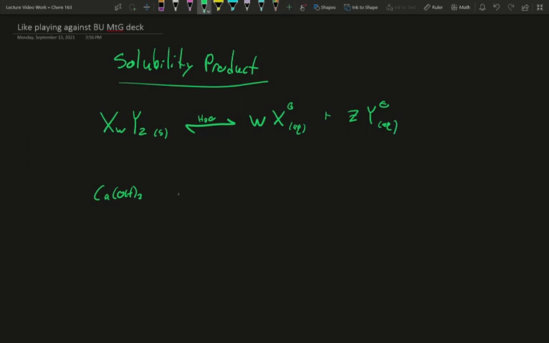How does this work for calcium hydroxide? Well, the solid, if you put it in water, becomes calcium 2+ aqueous and 2 hydroxide aqueous. So we're just dissolving things. But these are equilibriums. When you are low solubility, a good chunk of your material never fully dissolves.